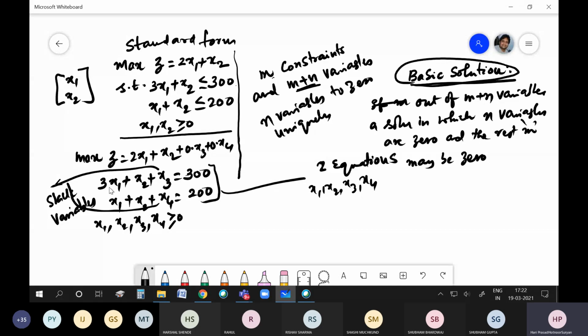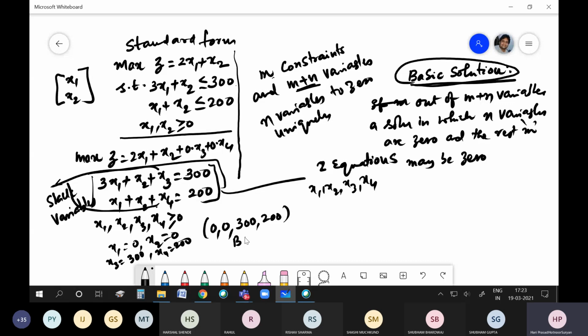Suppose now we take these two: if I make x1 and x2 equal to 0 in this, what will x3 be? x3 will be 300 and x4 will be 200. So the solution will be 0, 0, 300, 200.